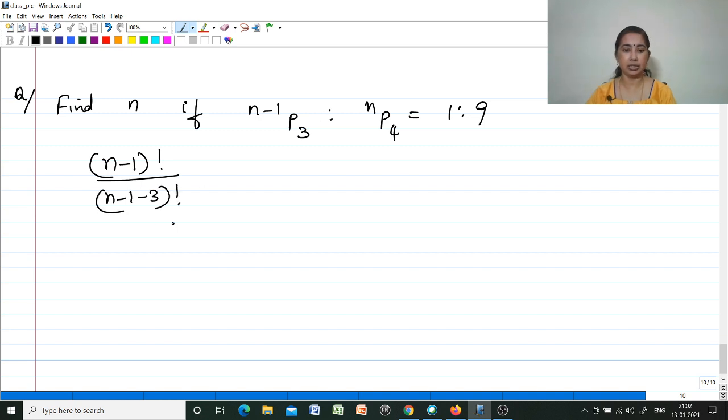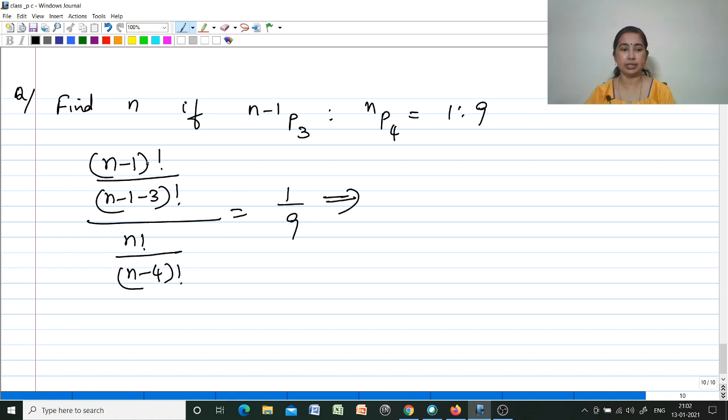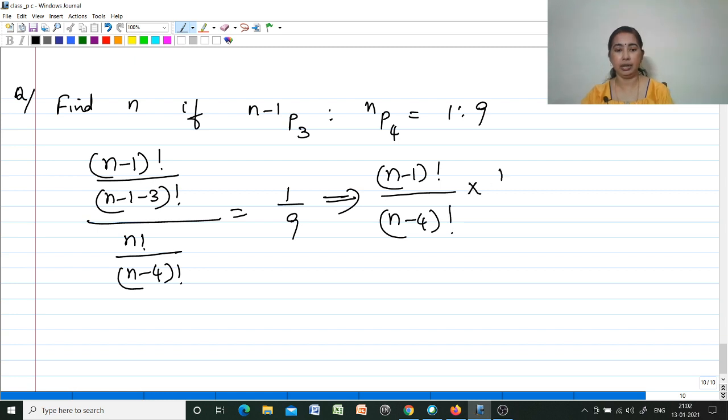Then 'is to' means divided by nP4, which is n factorial by (n minus 4) factorial. That is equal to 1/9, and that is (n minus 1) factorial divided by (n minus 4) factorial, into (n minus 4) factorial divided by n factorial, is equal to 1/9.